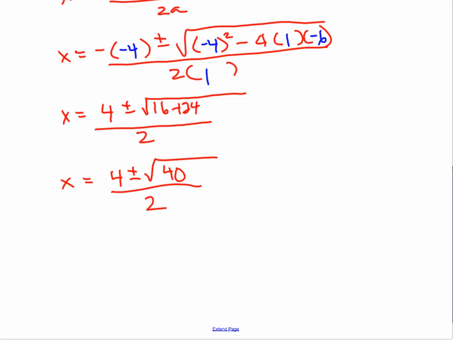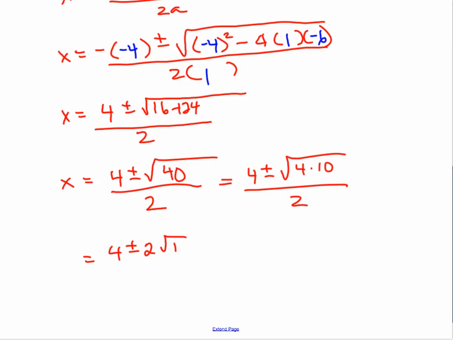At this point I'm feeling pretty good. I simplified that whole thing inside, but probably as a last step I'd want to see if I could simplify that radical. And I think I can, because the square root of 40 is the same thing as the square root of 4 times 10. So that's equal to 4 plus or minus, the square root of 4 is 2, so I can bring that out, 2 root 10, all over 2.